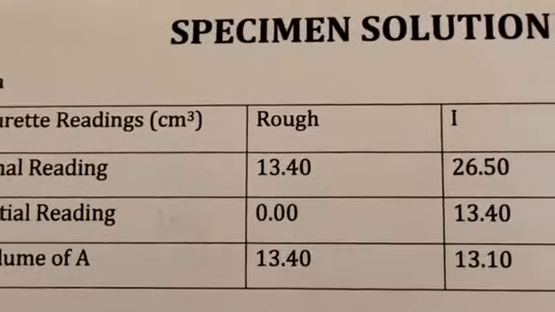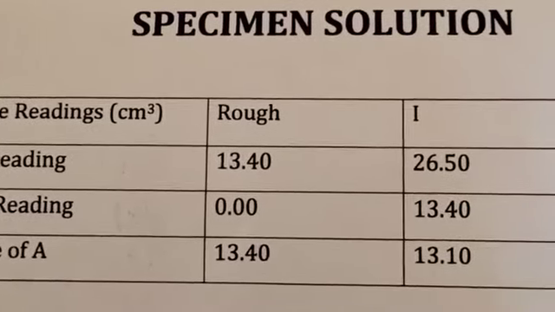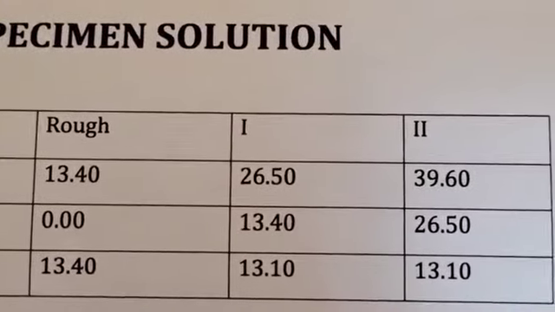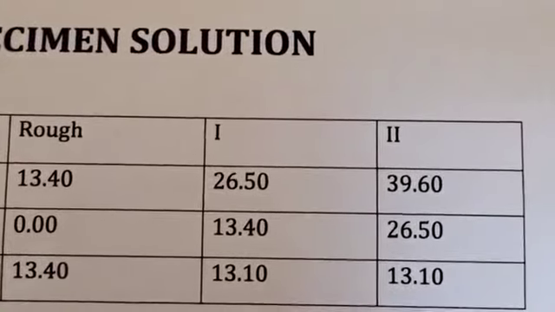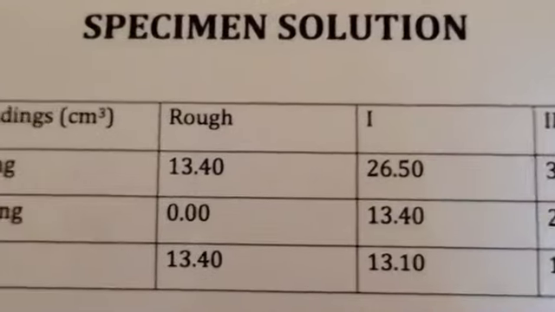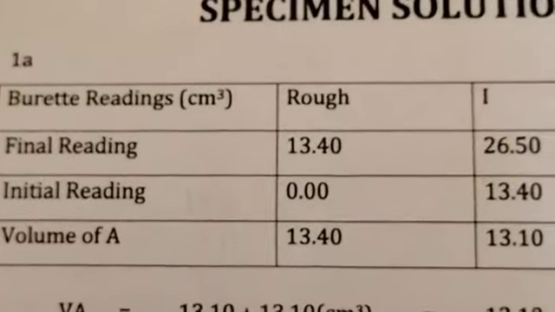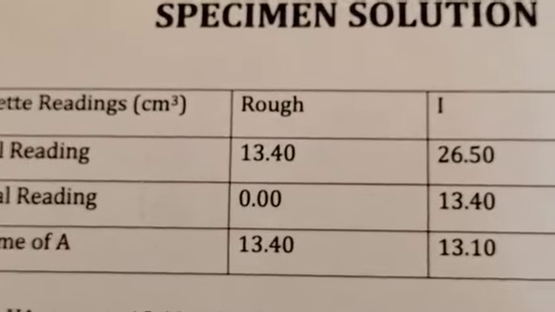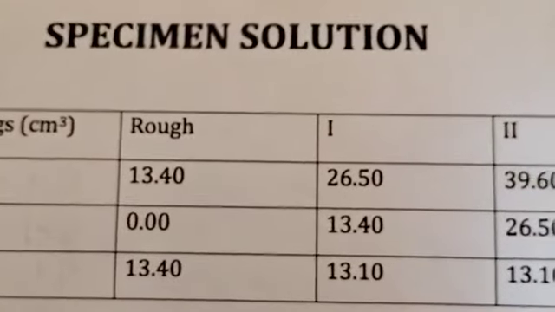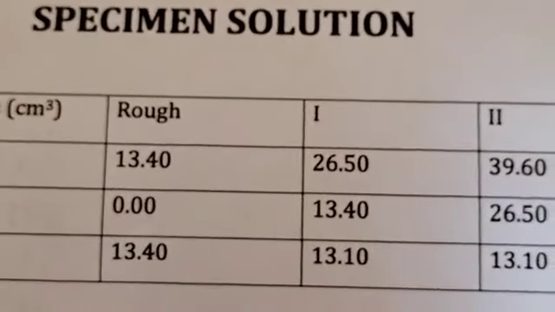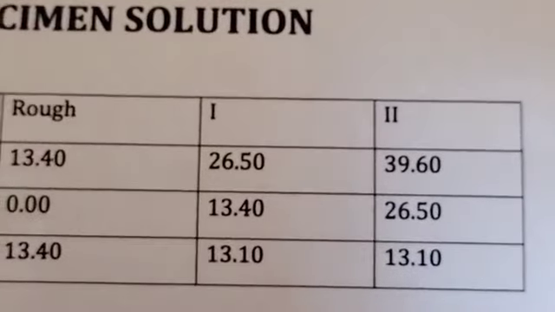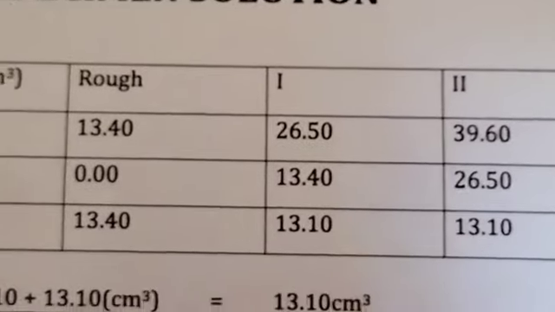Initial reading: under rough 0.00, under first 13.40, under second 26.50. Then volume of A used, we get it by subtracting: 13.40 minus 0 gives us 13.40. 26.50 minus 13.40 gives us 13.10. 39.60 minus 26.50 gives us 13.10.